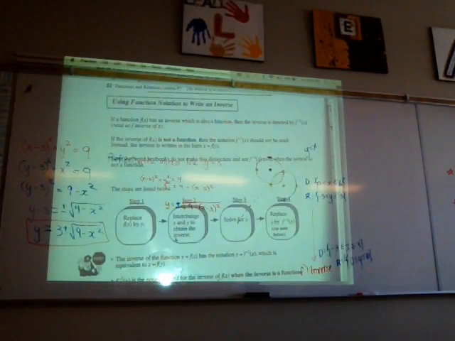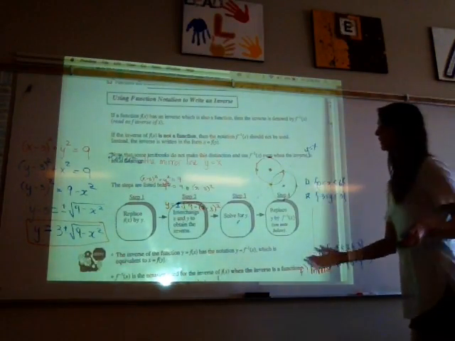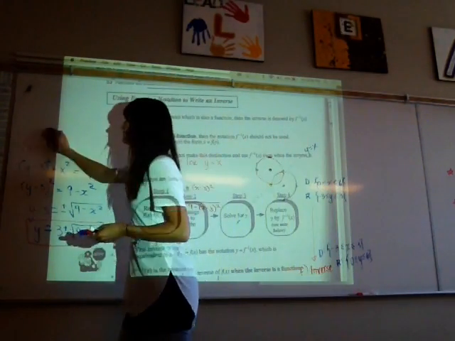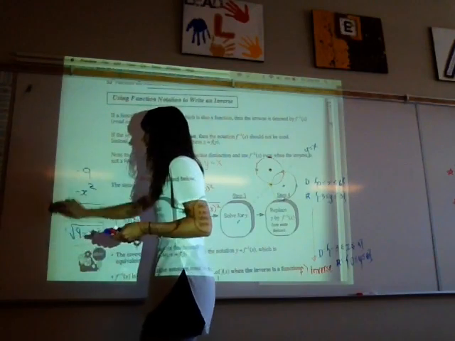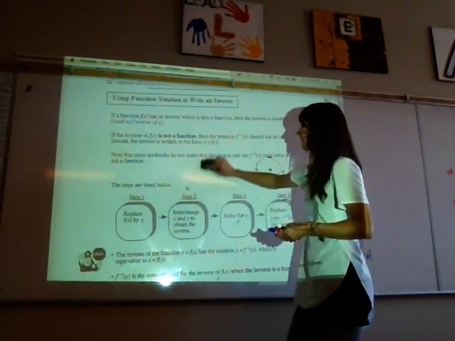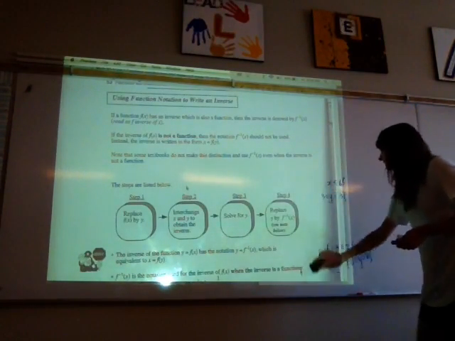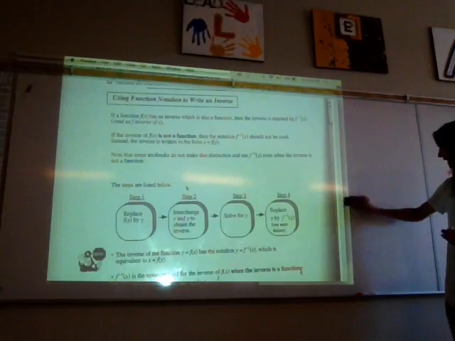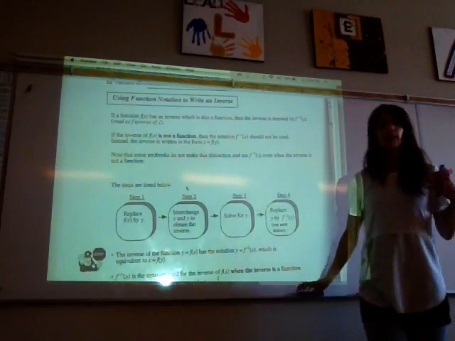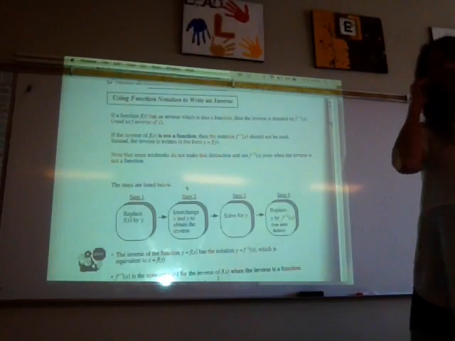Okay, so moving on. We've been talking about inverses, and we've been asked to find the inverse, but we're going to introduce a new notation for finding an inverse function. So first of all, it's important to note that if you have an f of x, or a g of x, an h of x, that is telling you you have a function.